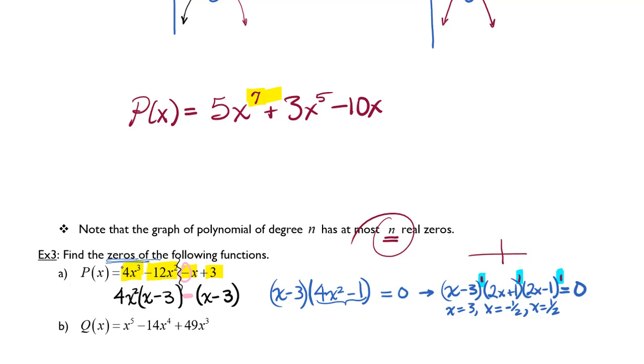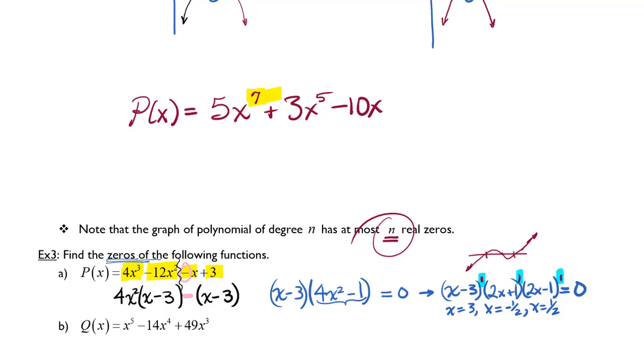The end behavior is odd degree and positive, which means it will start on the bottom left and end on the top right. We'll have 3 roots wherever they end up being. So we'll just mark 3 roots. They'll go straight through and they'll look something like that.